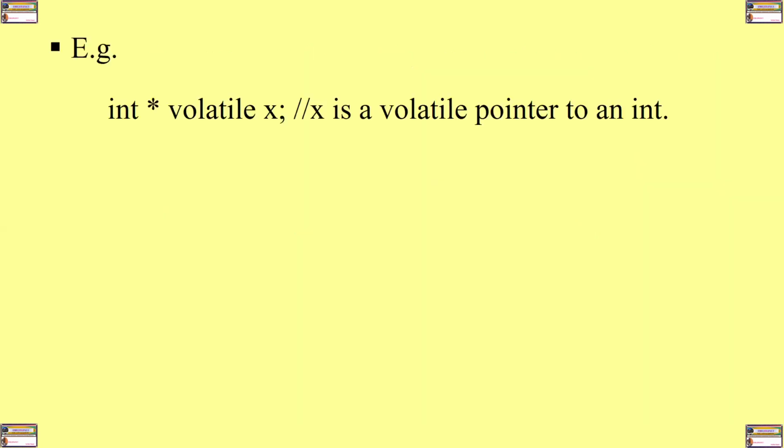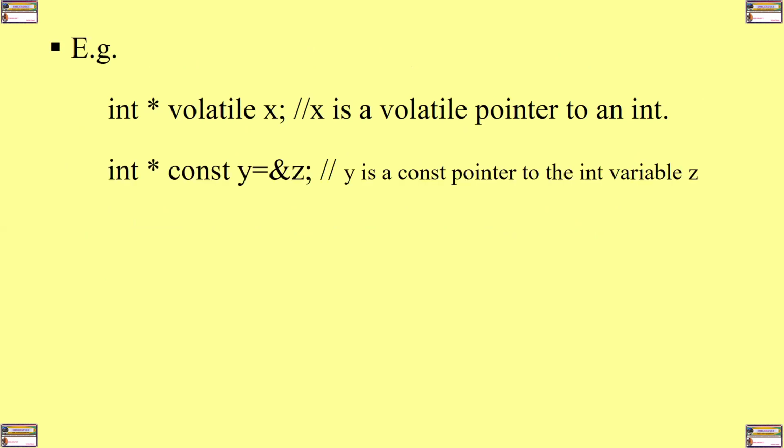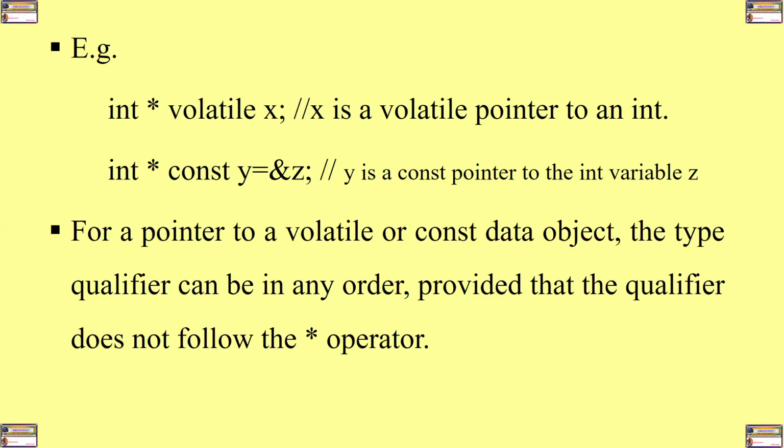For example, if you have the statement int * volatile x, x is a volatile pointer to an integer. You can also have a statement as follows, where y is a constant pointer to the int variable z.